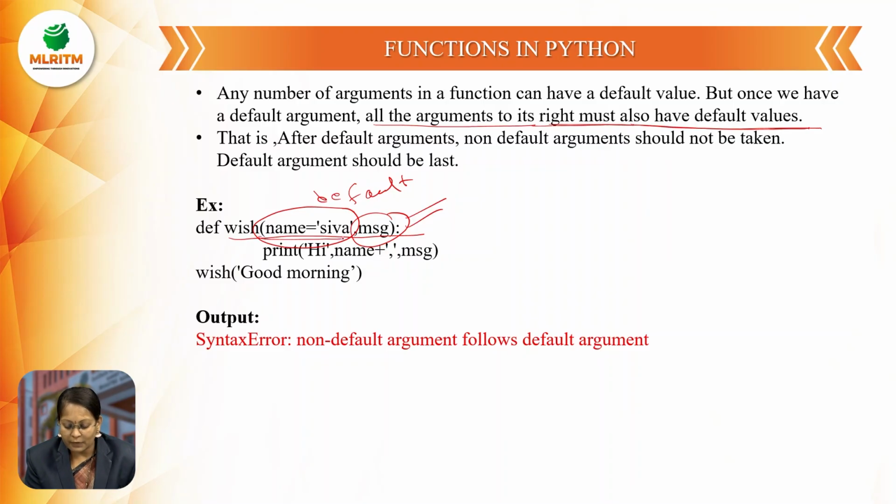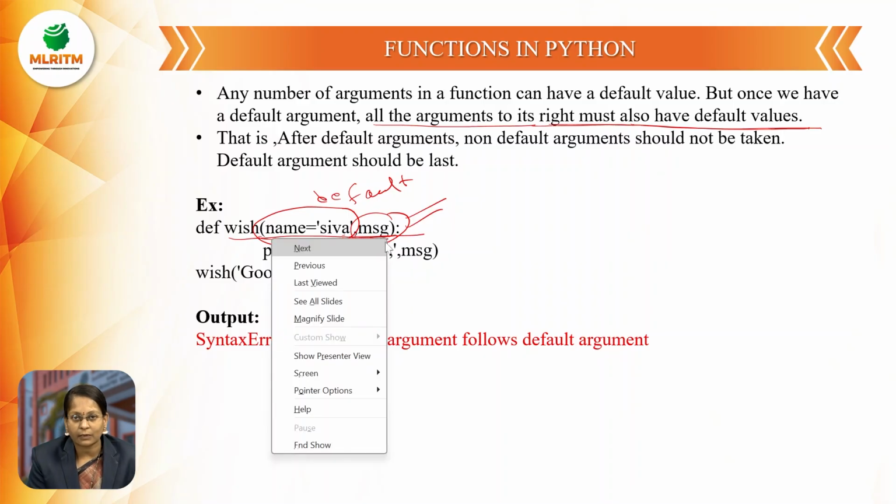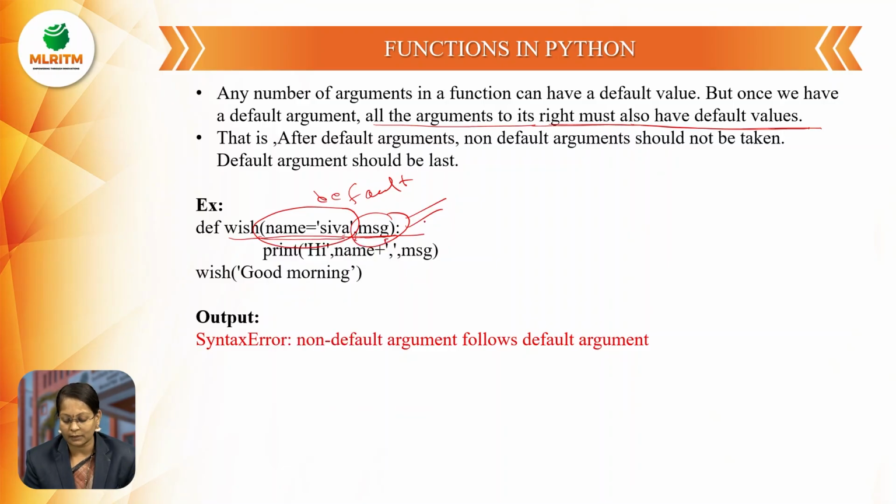Name is equal to Shiva is a default value, but message is on the right side of the default value and it is not a default value. That's why it will give an error like non-default argument follows default argument. In this example, the first one is a default argument and the next one is a non-default argument. It will give a syntax error.